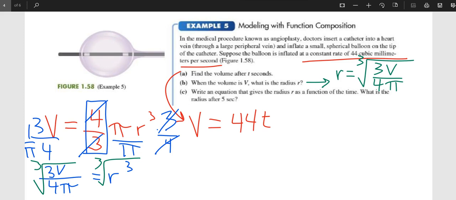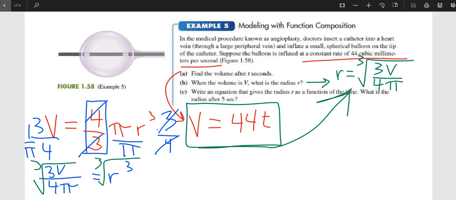There will be no volume involved. So, what do you think you're going to do with this and this? Substitution, thank you very much. What shall we substitute for v? 44t, go. Get it done.